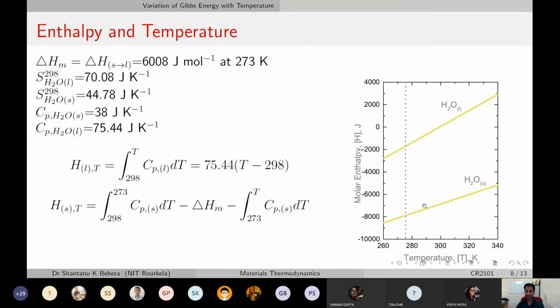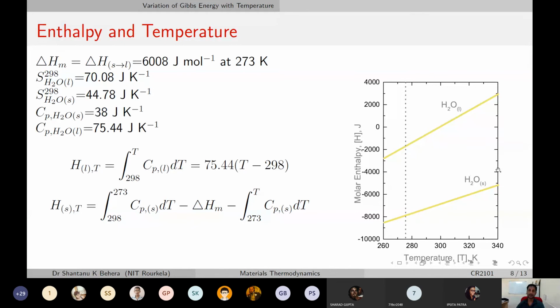And you see the subtle point here is that the slope here and the slope here are different. That means the influence temperature has on the enthalpy of liquid water and on the enthalpy of solid water are different, right? So they're kind of diverging. They are not parallel lines, so the difference between these is not always the same.